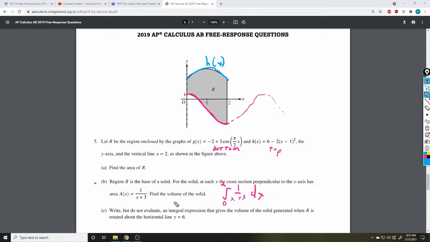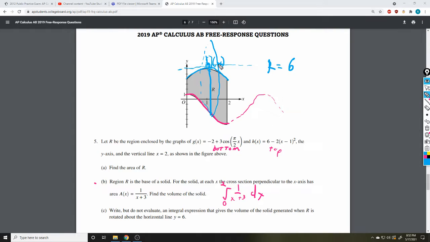Now, finally, the last part there is showing revolving around y equals 6. Y equals 6, 1, 2, 3, 4, 5, 6 is right up here. So that's going to end up being a washer. And so we need to figure out big R and little r. Big R, just as an example, is going to be top curve minus bottom curve. My top curve for big R would be my 6.